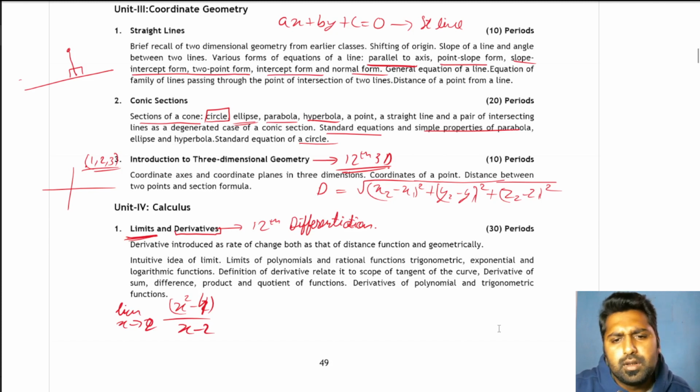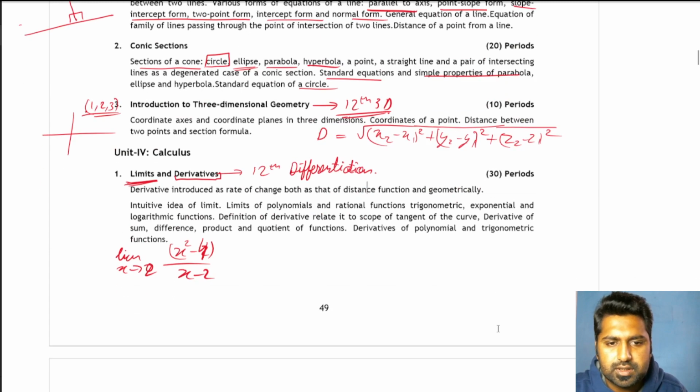Differentiation and integration, these are the key mathematical topics that will always be there, whether it is any exam, not just this exam, any exam. If 11th, 12th mathematics is a part of it, differentiation and integration will be there. So we must focus on this.